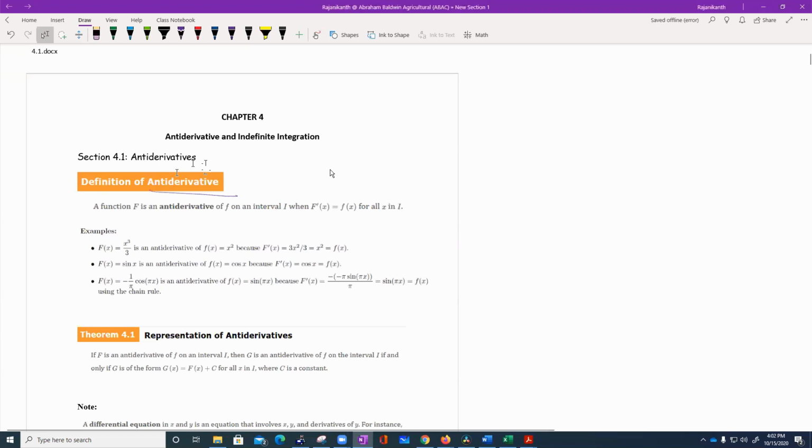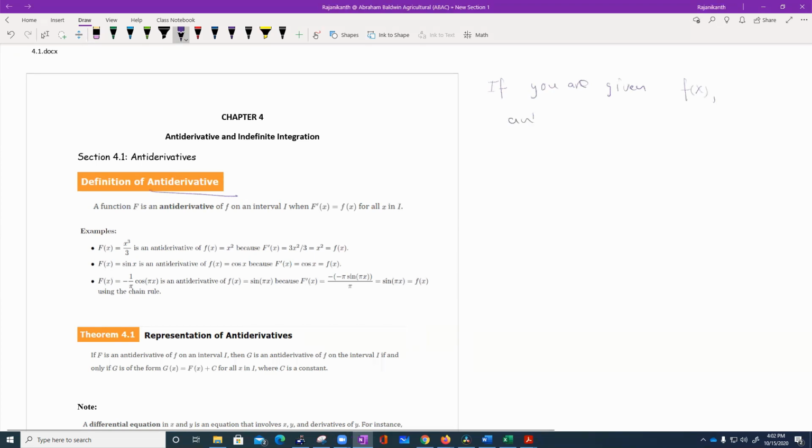Okay, so the antiderivative is kind of doing the derivative backwards. Suppose you are given a function f(x), and you are asked to find the antiderivative of f(x).